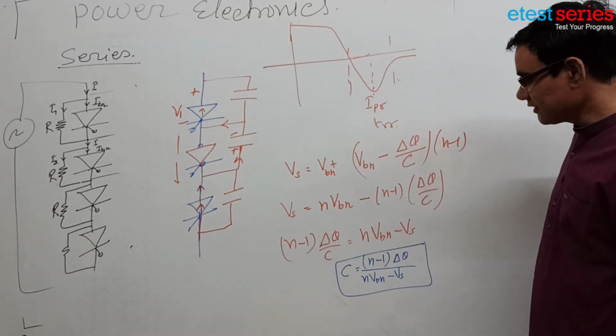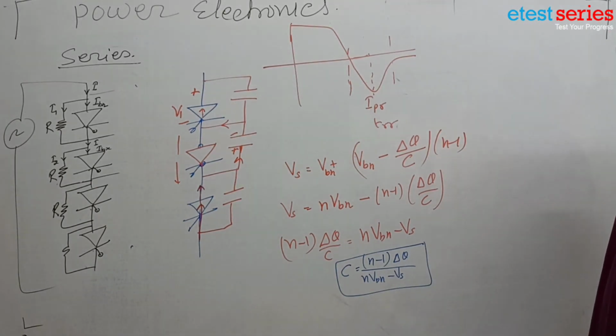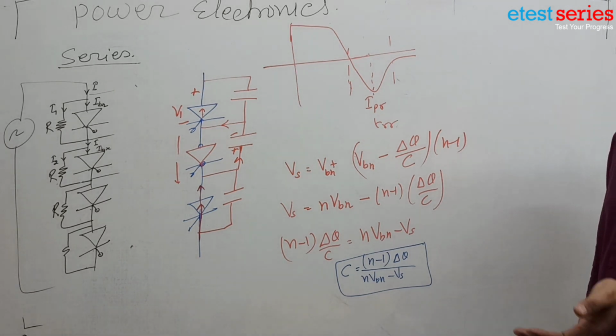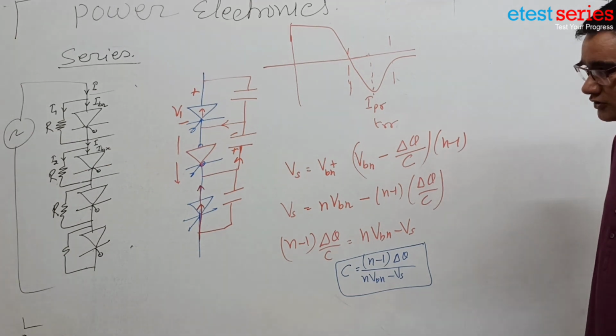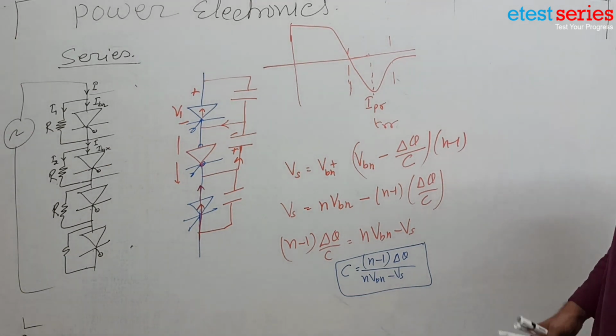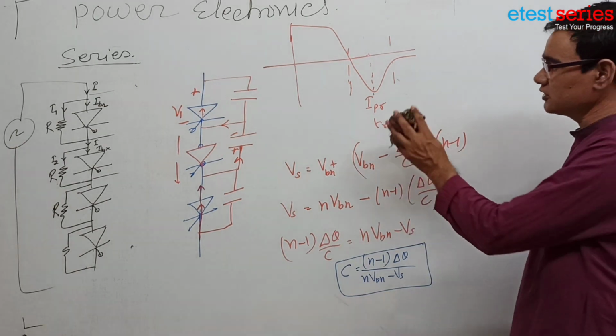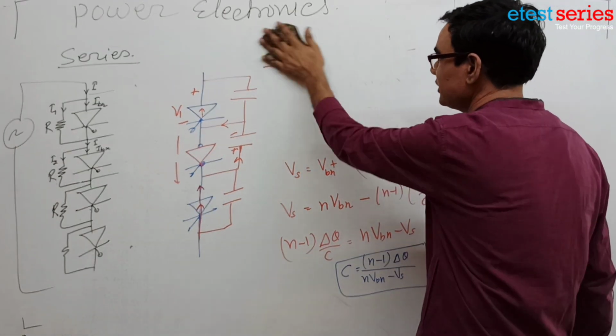To avoid the reverse recovery or transient current during the turning off process, or during the turning on process, consider what happens. Before the SCR is turned on, the capacitor gets charged.